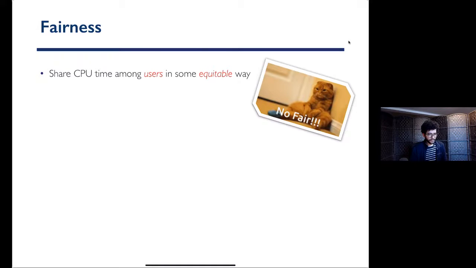So fairness, in the context of scheduling, is usually defined on how much time each task gets on the CPU. And we kind of want this to be equitable. Now, what is equitable?